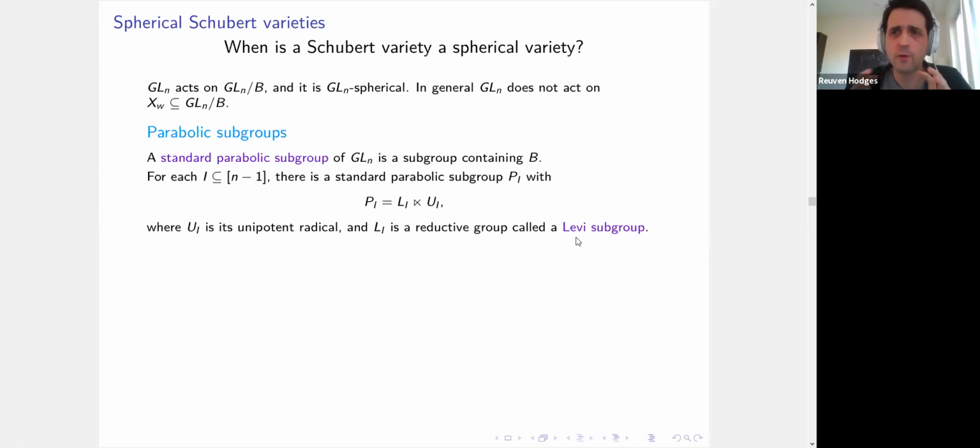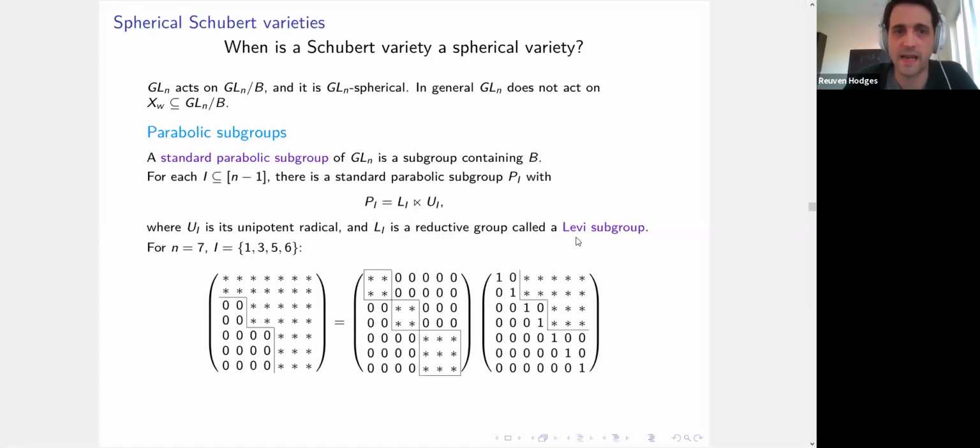I don't want to go into detail about the construction, but at least in type A, in this GLN mod B setting, there's a very nice visualization: parabolics are just subgroups that have a staircase of zeros in the bottom left. For example, if my n is 7 and my I is 1, 3, 5, 6, the parabolic looks like this. It has those entries always equal to 0, and the other entries can be arbitrary so long as it's invertible. So this is what an arbitrary element inside of P sub I looks like.